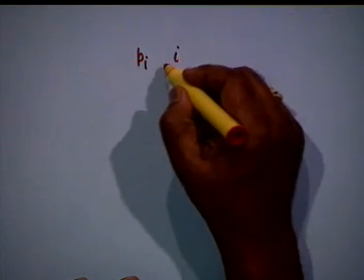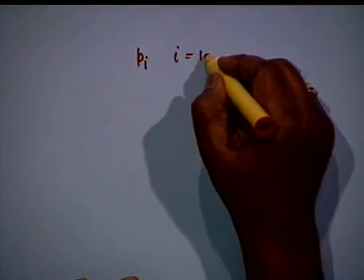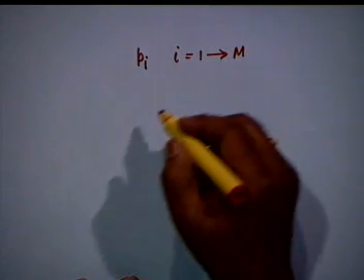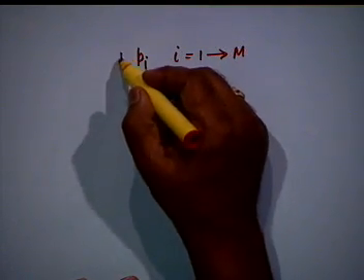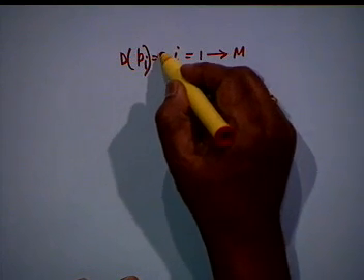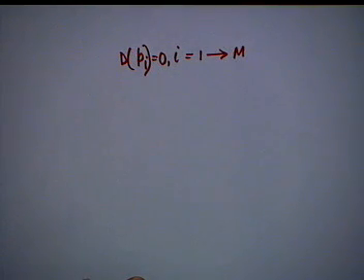Now, if the roots of D_m(z) are p_i, i equal to 1 to m, that is, if D(p_i) is equal to 0, then the p_i are the roots of D_m(z).